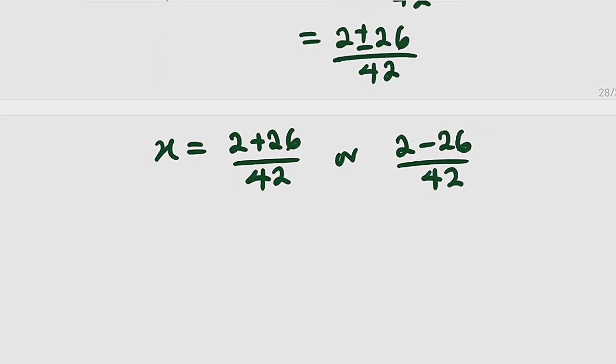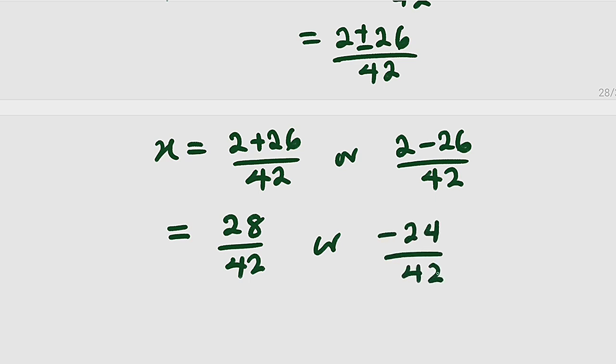Let us simplify them separately. This is equal to 28 divided by 42 or minus 24 divided by 42.